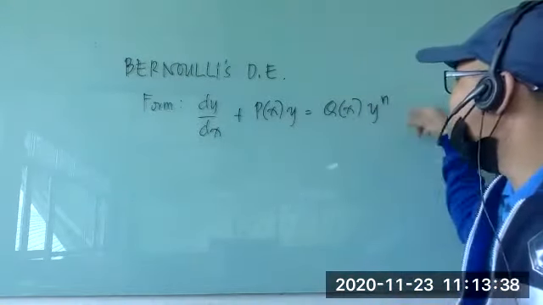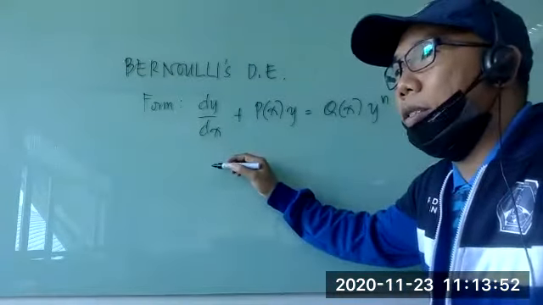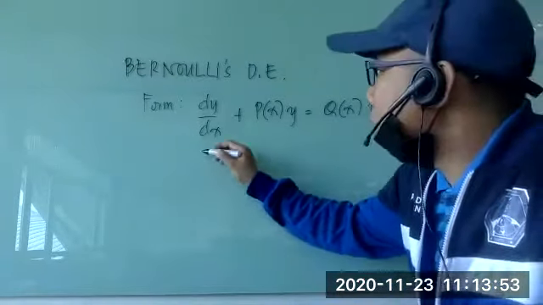So we are going to remove this y raised to n. So may substitution. So paano natin matatanggal tong y raised to n? The first step is, yung kanyang reciprocal. Tama ba? Yeah. So dy over dx plus p as a function of x times y equal to q as a function of x y raised to n.